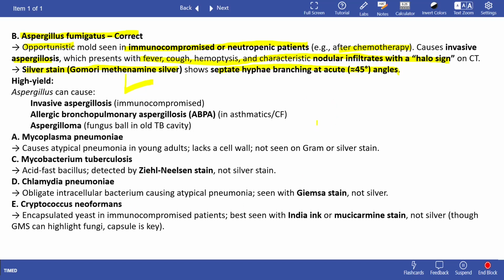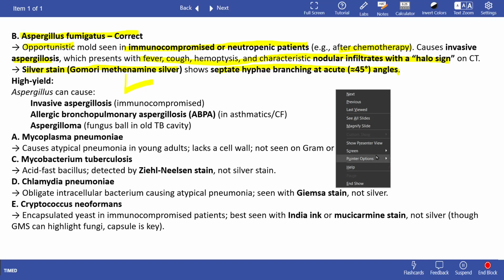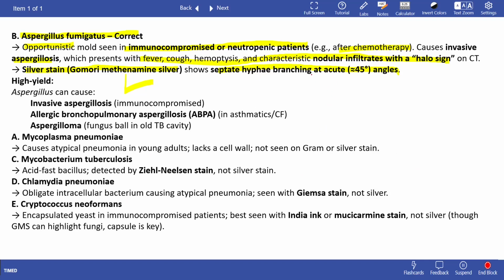But you must know that, in contrast to this, there is mucormycosis, which you will see its branches at a 90-degree angle. That also causes invasive disease in diabetic patients and immunocompromised patients.